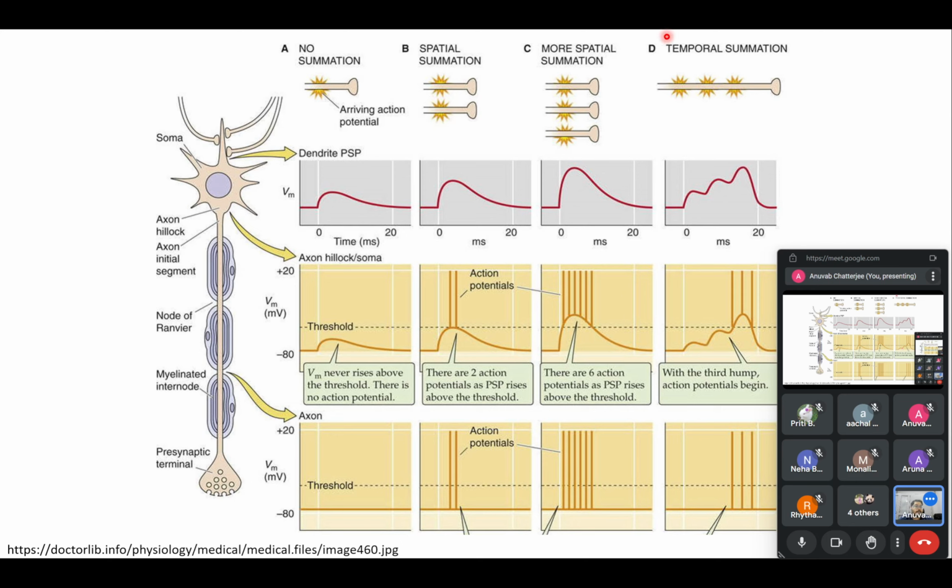This is known as a temporal summation of the signal. So spatial summation is where all the neurons fire at the same time but there are different neurons, so we call it spatial summation. Whereas temporal summation could be the same neuron that is firing at different times, which causes a gradual increase in the membrane potential and pushes the membrane potential of the next neuron over the threshold, causing an action potential.